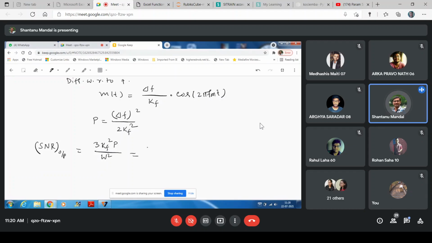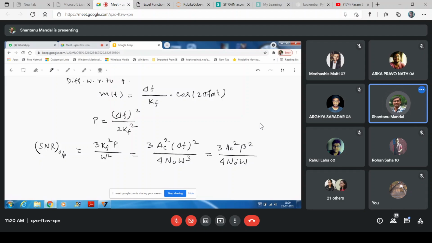So now put this value, that is 3 into AC square into del of A square by 4 into N0 into W. Now this is equal to 3 AC square into beta square by 4 N0 into W.